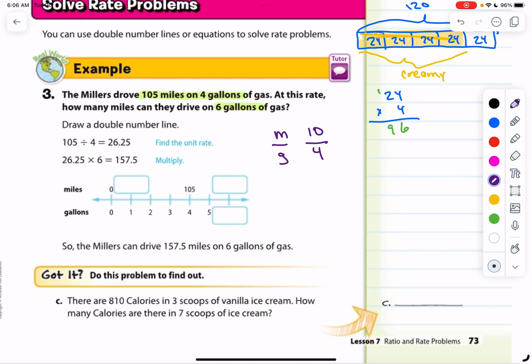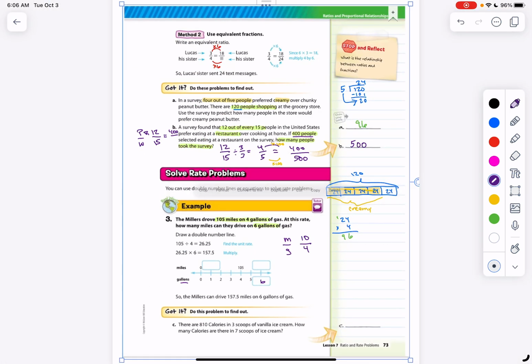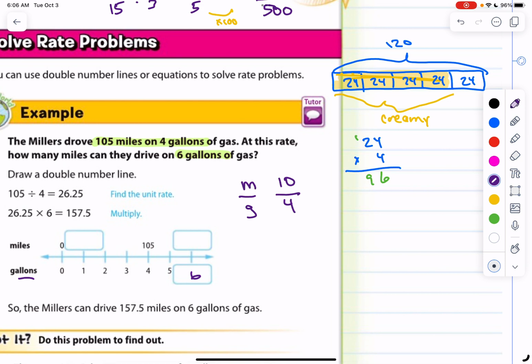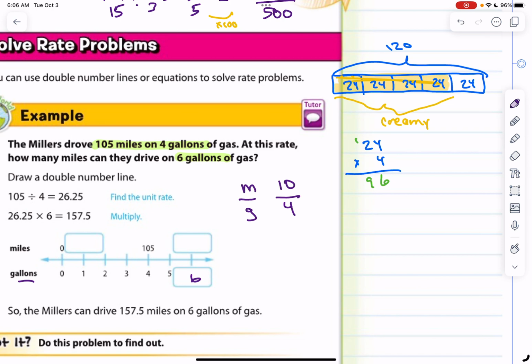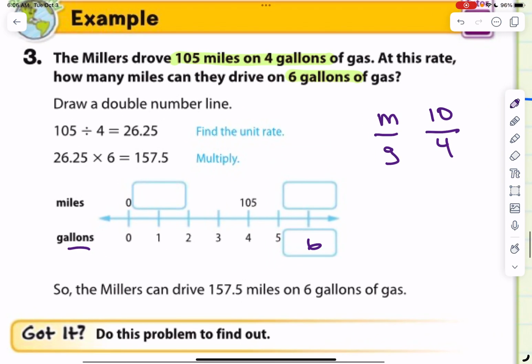Well, here they set up gallons, 1, 2, 3, 4, 5, 6, and miles. On 1 gallon of gas, how far did they go?